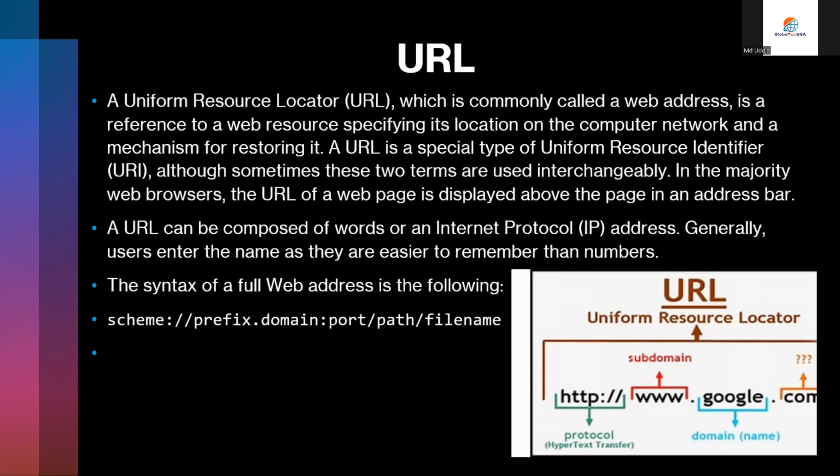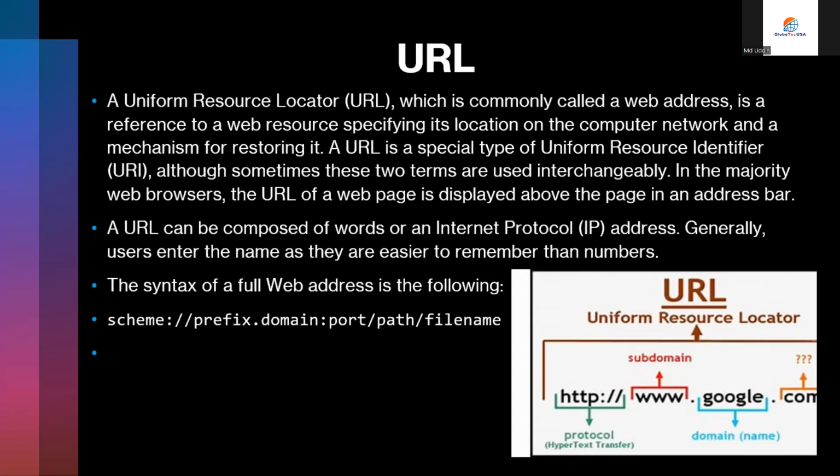That's the URL. Uniform resource locator, like locating where this google.com is located. So it's commonly called a web address. It's a reference to a web resource specifying its location on the computer network and a mechanism for retrieving it. So URL is a special type of uniform resource identifier, although sometimes those two terms are used interchangeably.